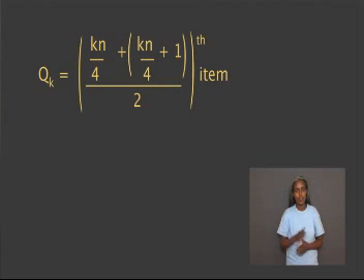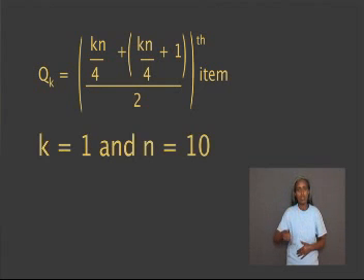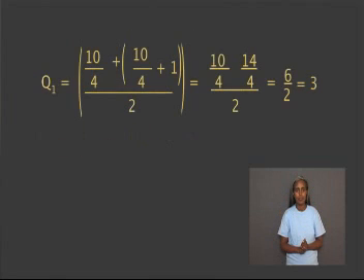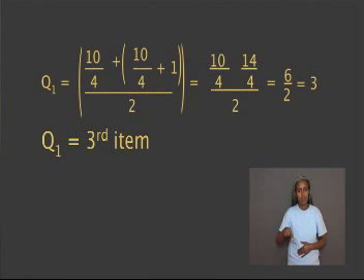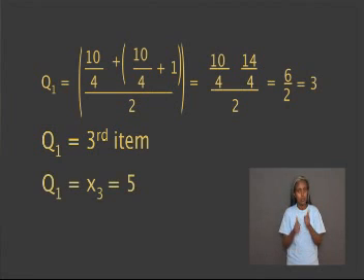To find the first quartile, k equals 1 and n equals 10. By substitution, we find the first quartile to be the third item in our list, which is the number 5.